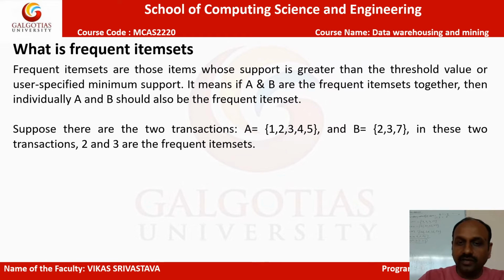So we need to identify which items occur frequently. Like in this example, 1, 2, 3, 4, 5 and 2, 3, 7.